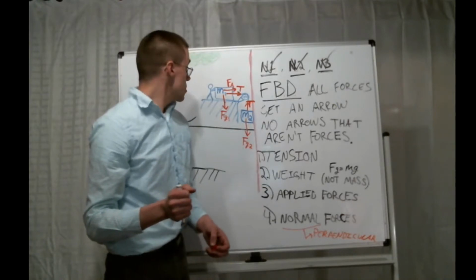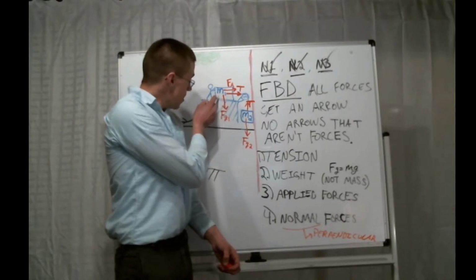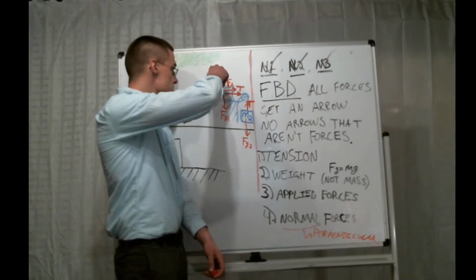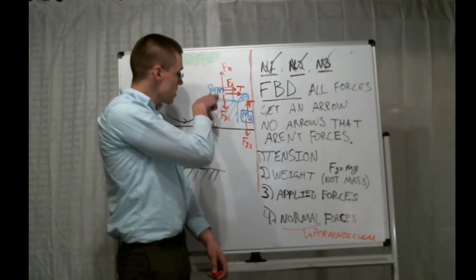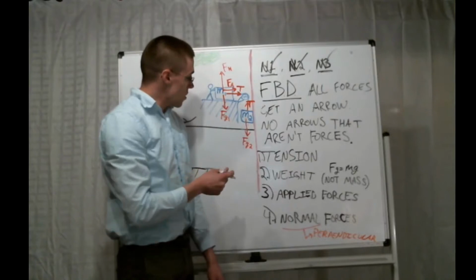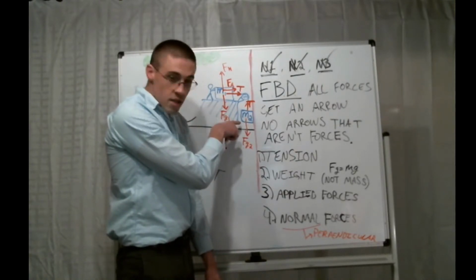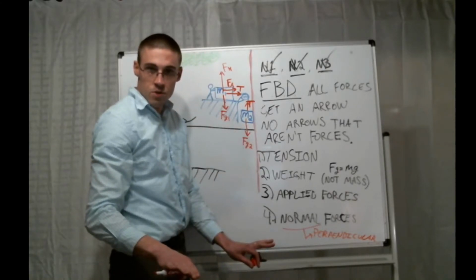Here my box is sitting on the ground. M1 up here is sitting on the ground, so the normal force would go up. It's exerted by this surface on the box that's resting on the surface. It points up against gravity there. What about M2? Well, M2 is suspended in the air, so there's no normal force on M2.